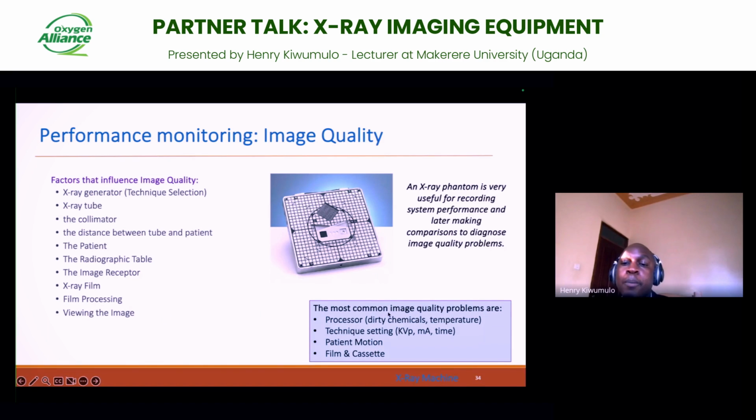However, the most common image quality problems are the processor. For example, for those who are using the conventional processing methods, the chemicals or the temperatures which are not right can compromise the quality. The technique, for example, when I talk about technique here, I talk about the KV, the MA, and the time.